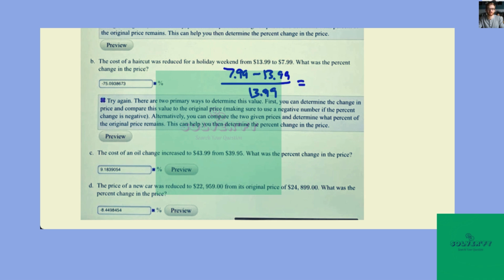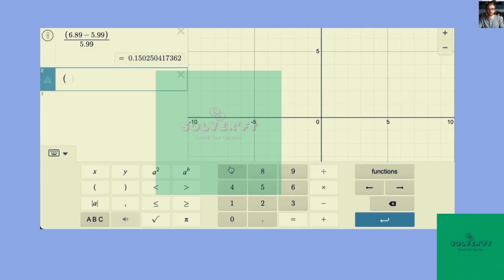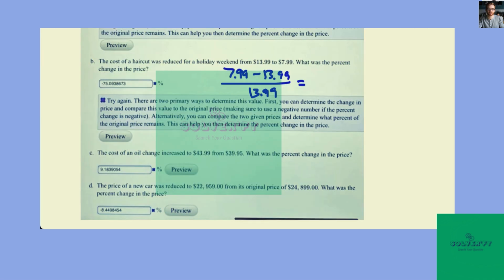So $7.99 minus $13.99. It changed by 6 compared to it starting at $13.99, which would be about negative 43. So about a negative 43% change.